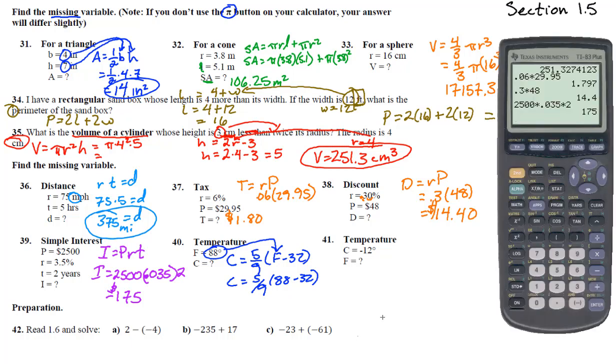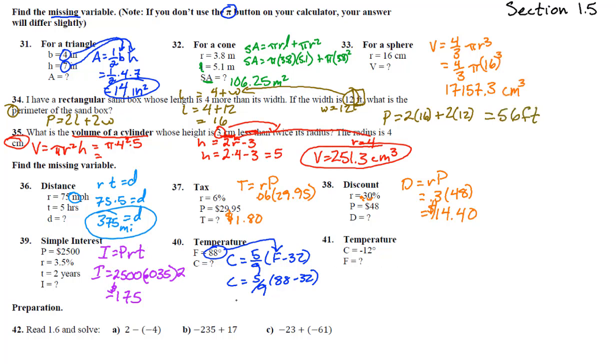So let's punch that in the calculator. 5 divided by 9 times 88 minus 32. We probably could have done 88 minus 32 is 57 in our head, but it gives us 31.1 forever. 31.1 degrees Celsius. Put that unit on there. And we know that because we were solving for C.